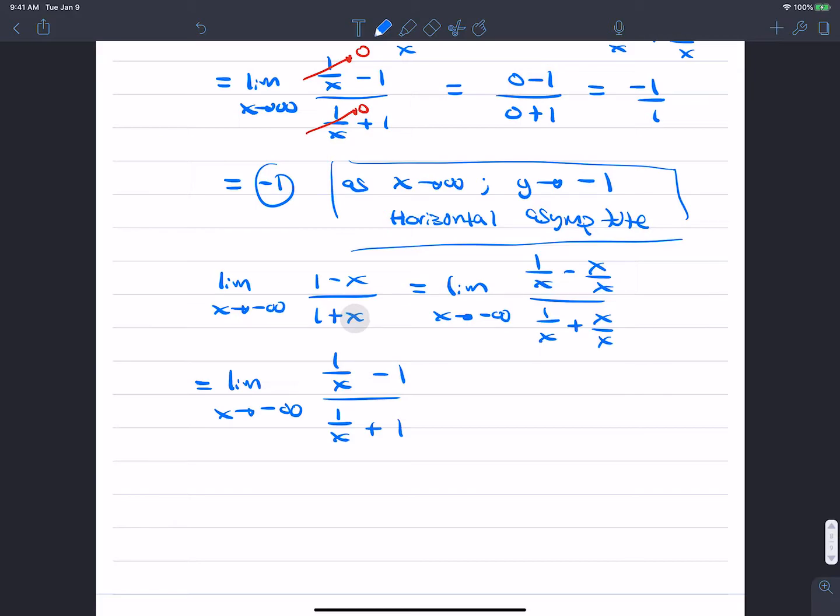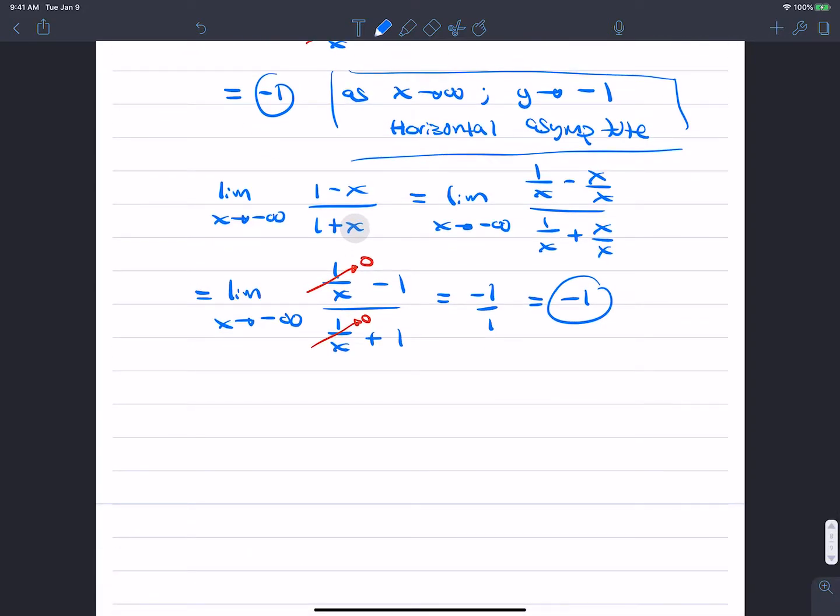And so as you guys can see, take your limits and use properties of limits. This portion is going to go to 0 again. This goes to 0. And you obtain now negative 1 over 1, which is going to be negative 1 again. So what this means is, as x goes to negative infinity now, go to the left, y is going to negative 1.